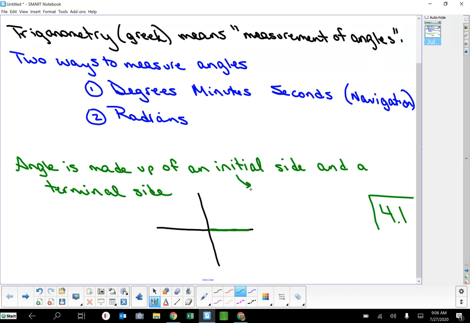So the initial side is the positive x-axis. And then the terminal side is what actually makes up that angle. So the angle might be here. That might be some angle alpha. The angle could be the outside of the angle. That could be some angle beta.